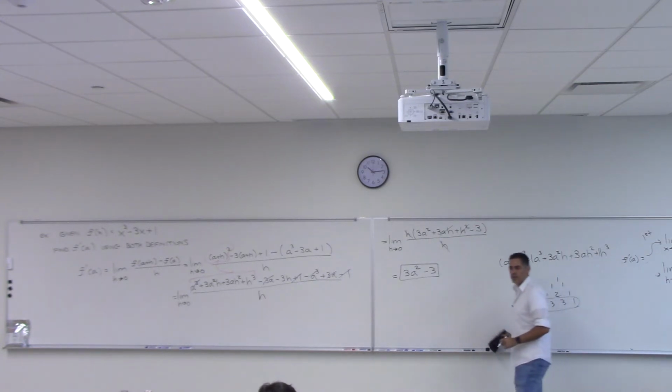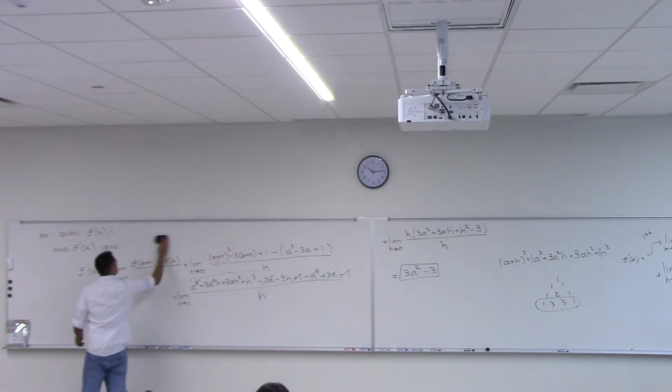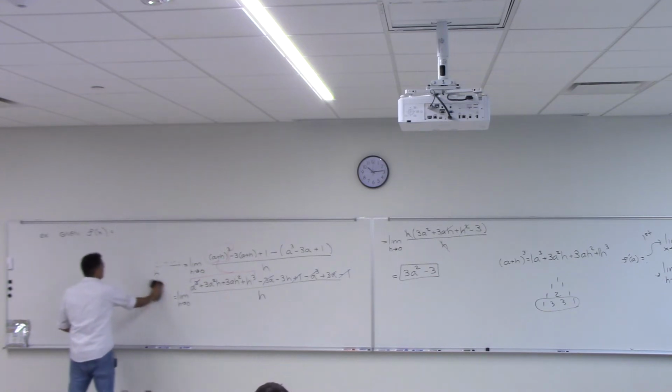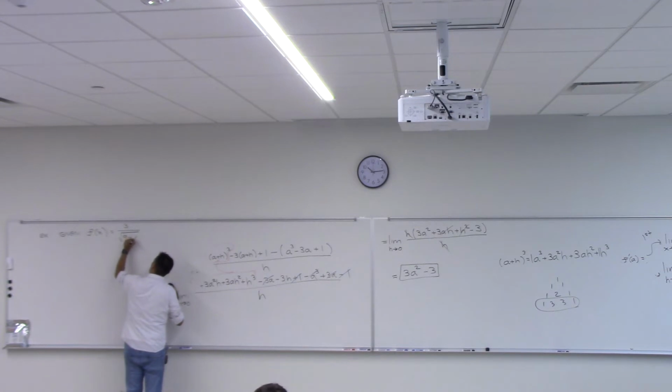Time for a harder function. So how about 3 over the square root of 9 minus x?